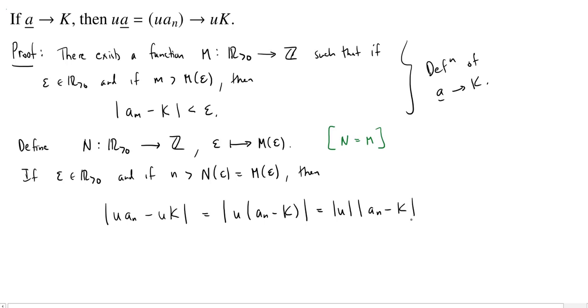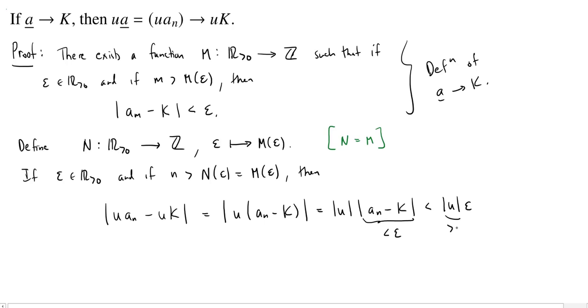Okay, but we know that we are past the eventually number for epsilon with respect to m, which means that a_n and k are within epsilon of each other. So this is less than epsilon because we are past the eventually number for epsilon, which means that this product is less than the absolute value of u times epsilon. Now u is some positive, well, I guess in principle it could be a 0, right?